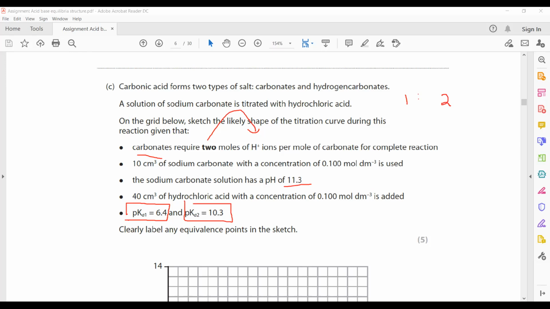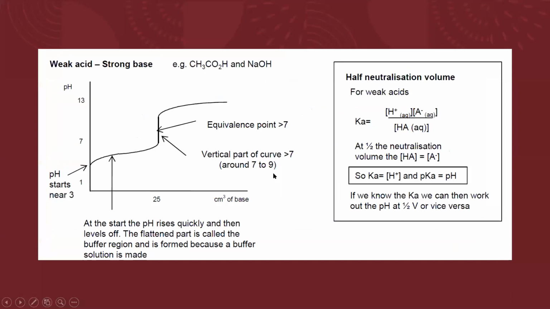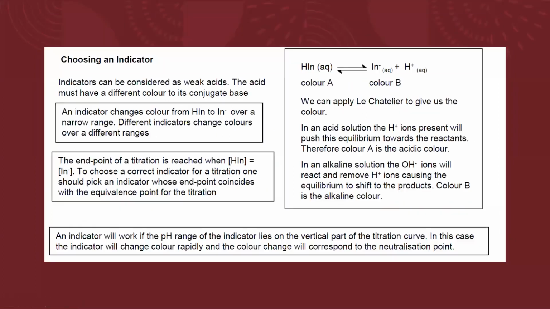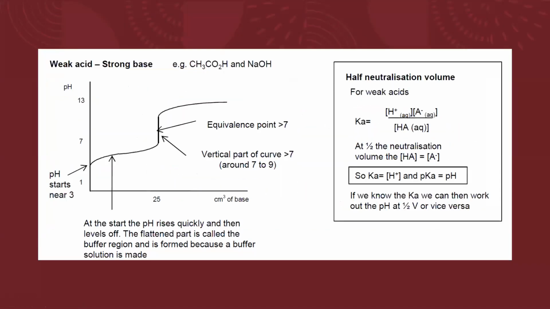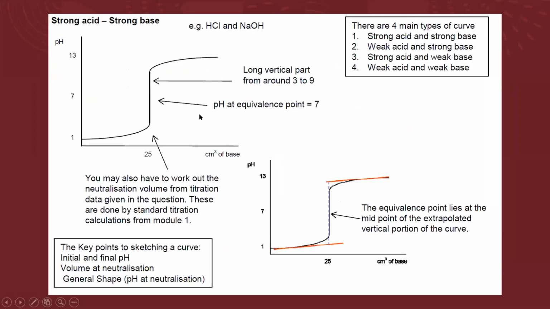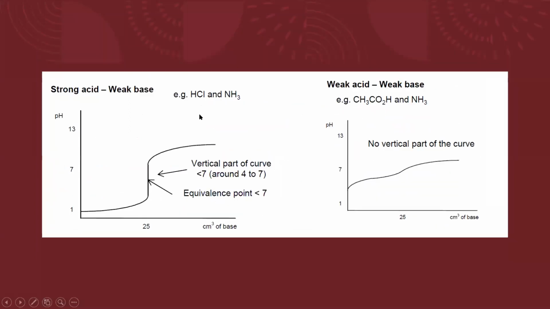Because the pH of the base is 11.3, so it is a weak base. So when you check the vertical part for a titration curve, this is a weak base and strong acid. But the vertical part is from 4 to 7.